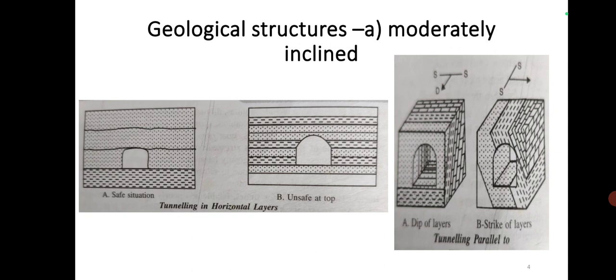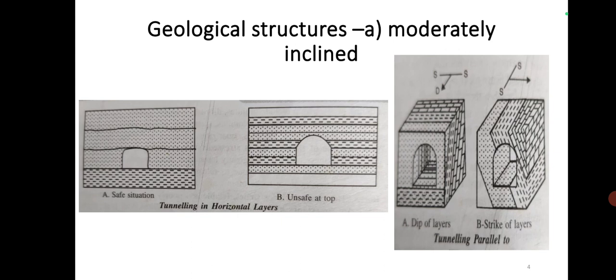Whereas in the second figure, we are considering two cases. The first, figure A, is where the tunnel center line, or the tunnel alignment, is parallel to the dip of the layers. Okay, so here you can see D shows the direction of the dip of the layers.